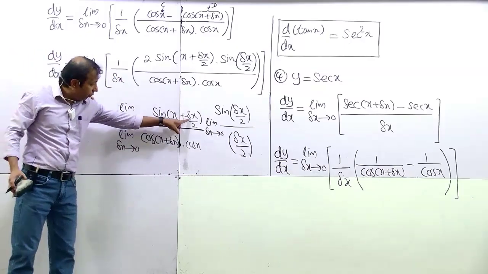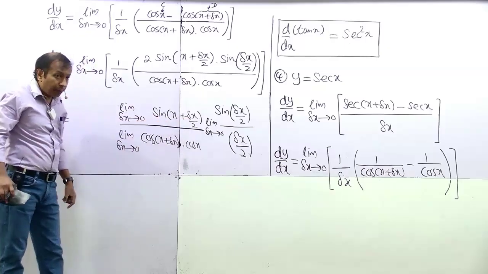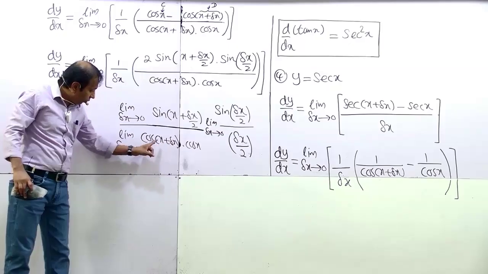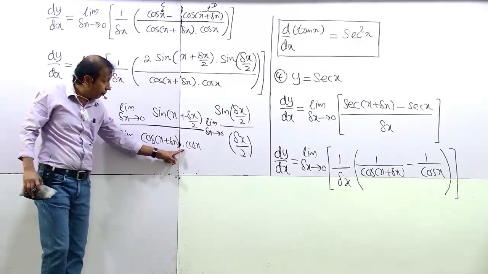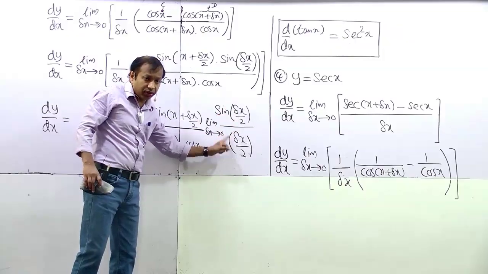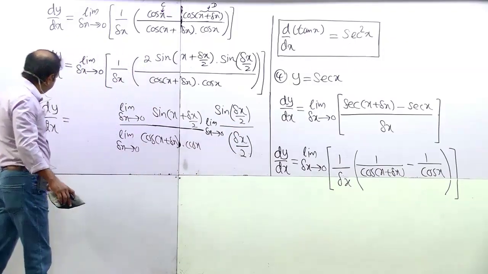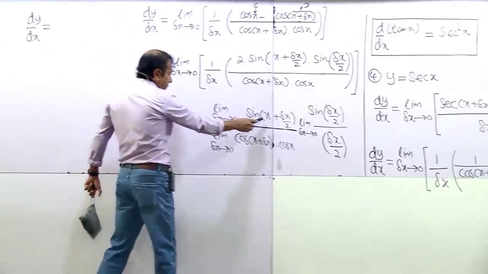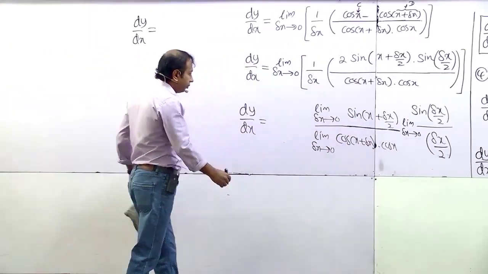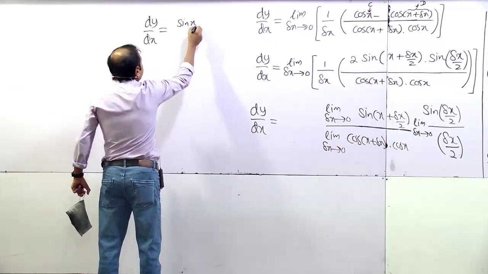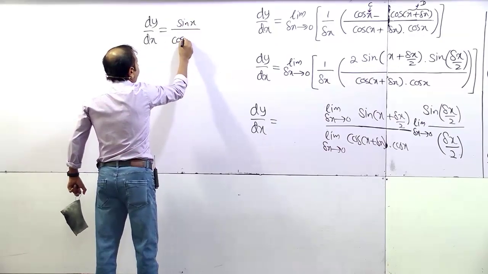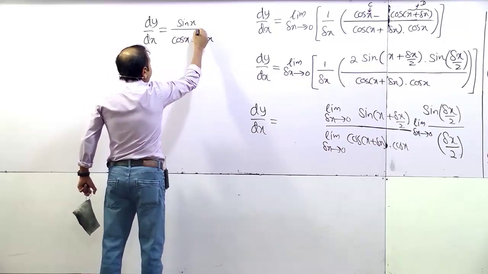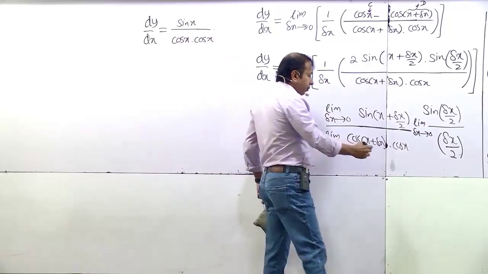Delta x equal to 0 means this is 0. We get sin x. Delta x equal to 0 means this is 0. We get cos x here and cos x here. Delta x equal to 0 means this is sin theta over theta. This is 1. Yes. Then we get the answer. Here sin x, here cos x into cos x, and this is now 1.